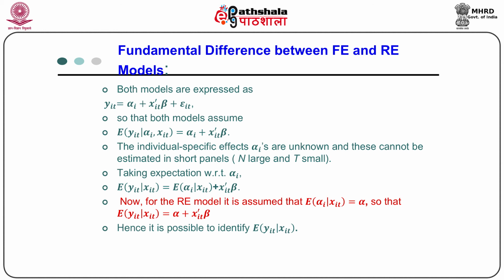Now, taking expectation, you get expectation of yit given xit equal to expectation of alpha i given xit plus xit prime beta. For the random effect model, it is assumed that expectation of alpha i given xit equals alpha, so that expectation of yit given xit equals alpha plus xit prime beta. Hence, it is possible to identify expectation of yit given xit.